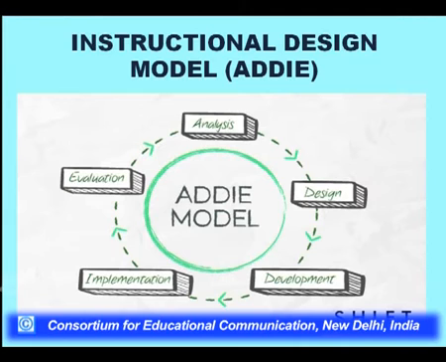I think this is very important. If the analysis has not been done, then it becomes very difficult for the instructors to take the things intelligibly to the students, because students must be homogeneous, at least on certain important parameters. They may not have the same intelligence level, I agree.